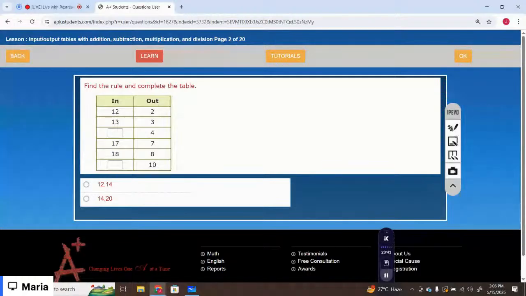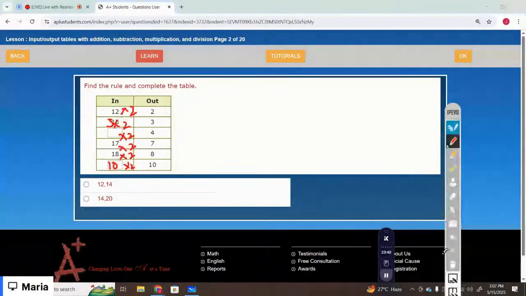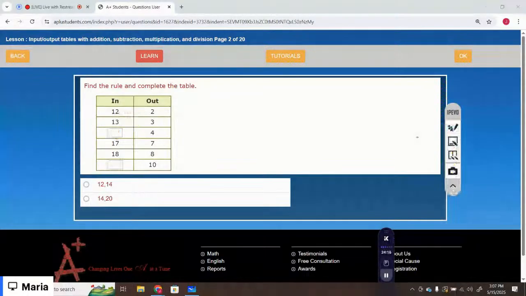So what numbers are missing? So subtracting 10 from every line, right? So then here we have 14 minus 10 is 4, 20 minus 10 is 10. Missing numbers are 14 and 20. Option number 2 is incorrect.